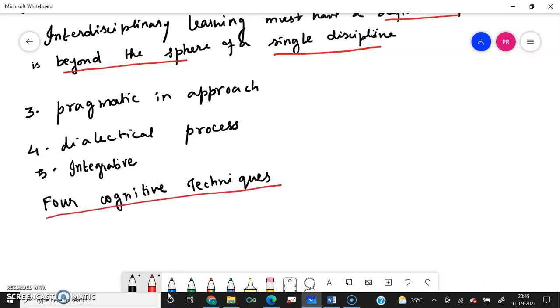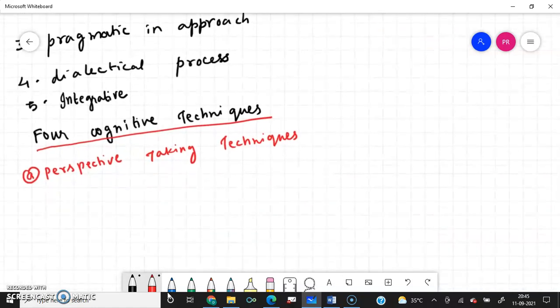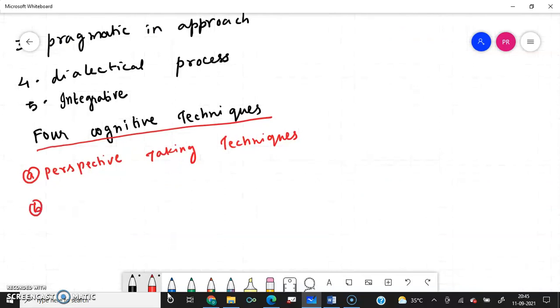The first one is perspective taking techniques. The second one is development of structural knowledge.